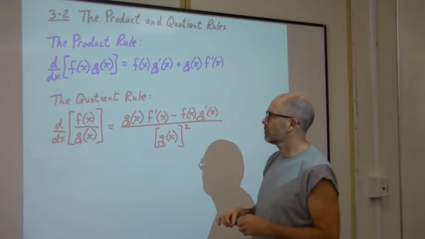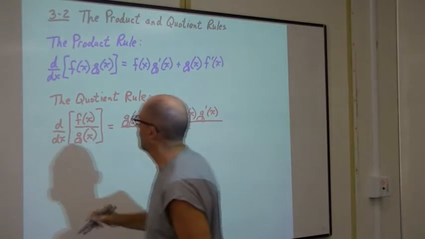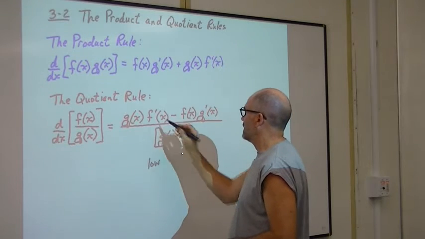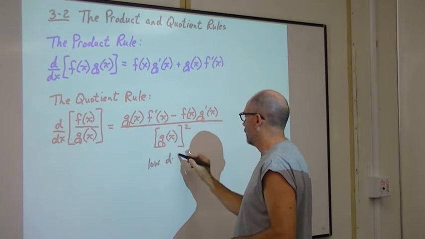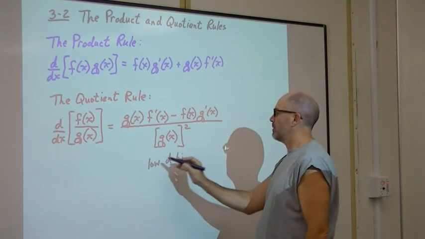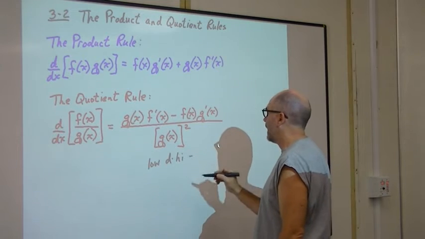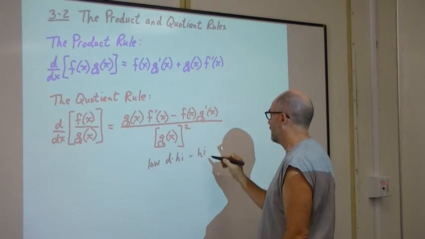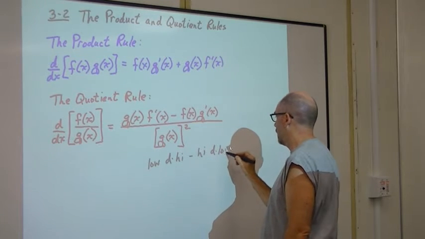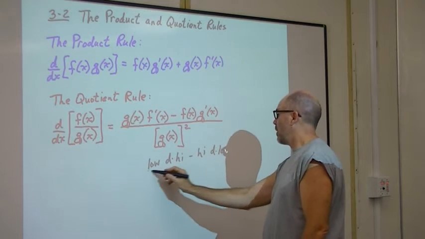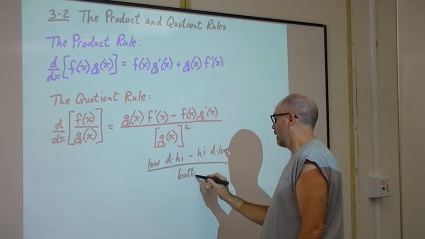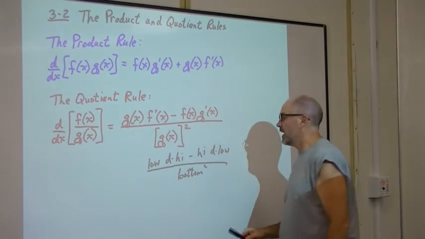It's low D high. The bottom times derivative of the top, low D high, minus high D low. Square the bottom, and away we go. Let's do that again.